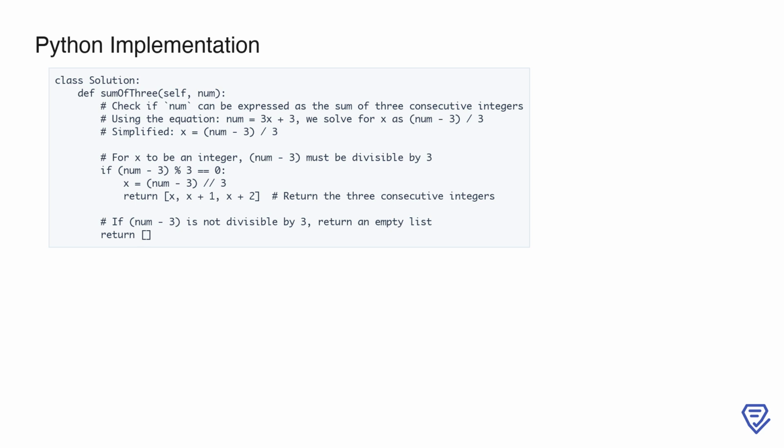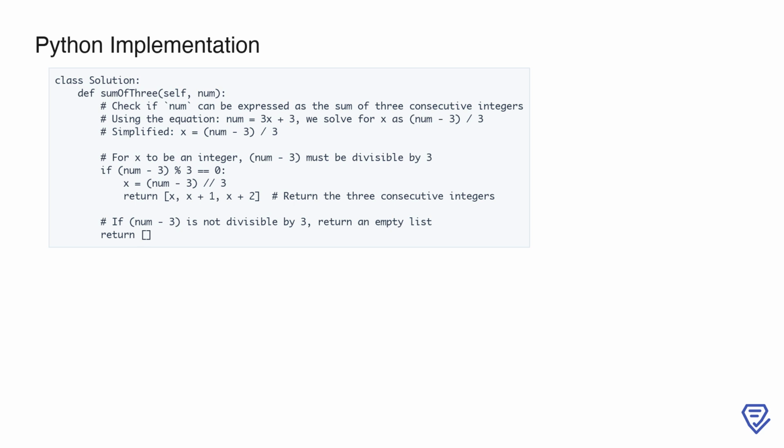The 3 consecutive integers can be represented mathematically as x, x plus 1, and x plus 2. Their sum is given by the formula 3x plus 3. To find x, we rearrange the equation, num equals 3x plus 3, leading to x equals (num minus 3) divided by 3. For x to be a valid integer, num minus 3 must be divisible by 3.